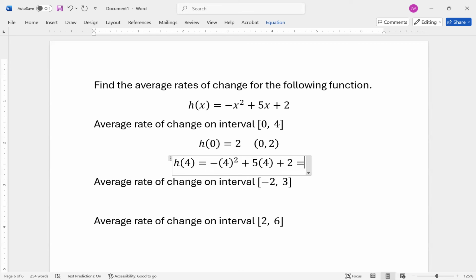When I do that calculation, that is negative 16 plus 20 plus 2, which gives me a 6. So my second point is the point (4, 6).